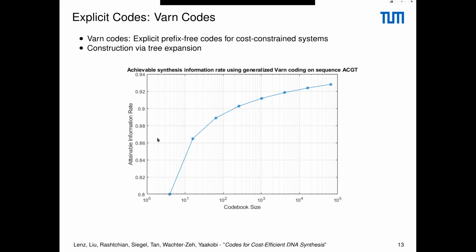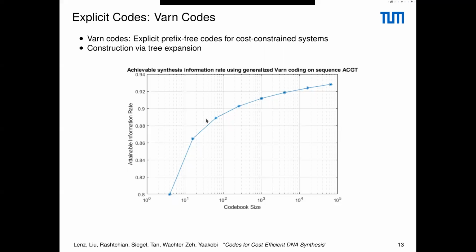What we see here is a plot of the achievable information rate with a certain Varn codebook size, where the codebook size is chosen to be certain powers of 4, in fact to match the DNA alphabet.